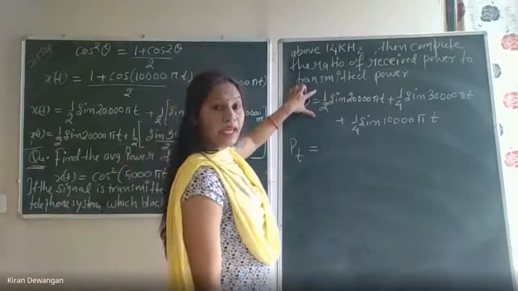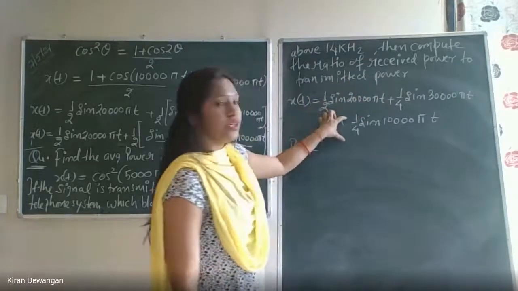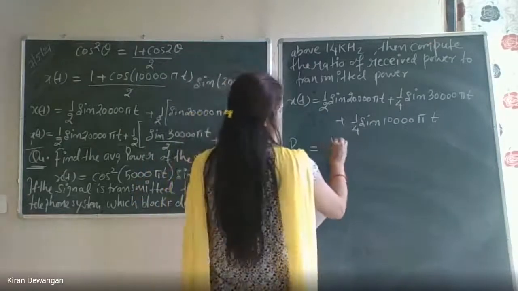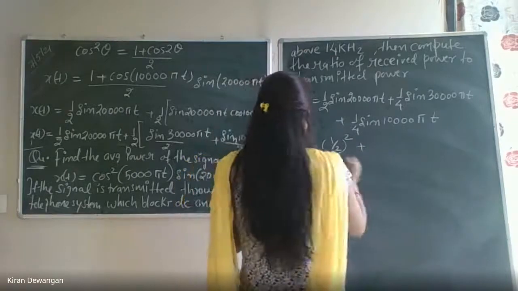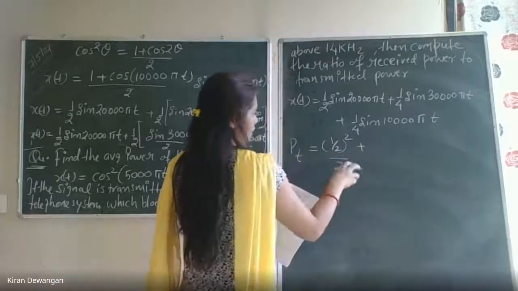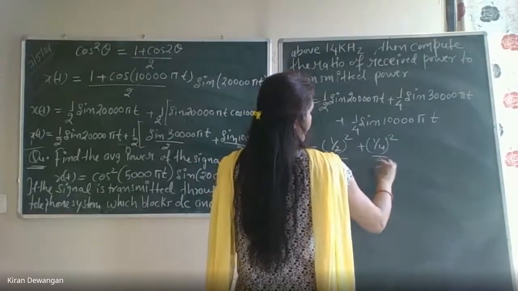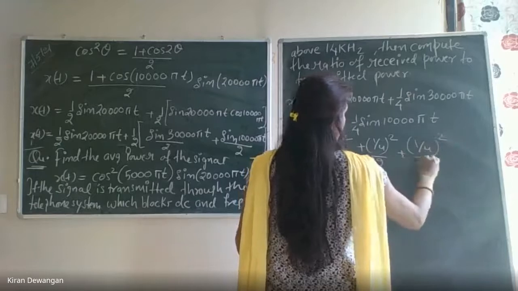So what is a here? It is 1 by 2. Here it is 1 by 4. Here also it is 1 by 4. Okay? So the transmitted power is 1 by 2 square by 2 plus 1 by 4 square by 2 plus 1 by 4 square by 2.